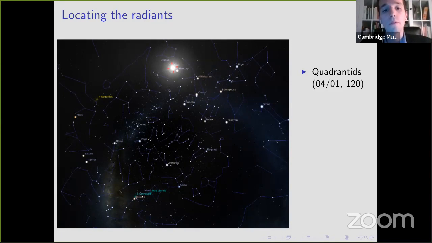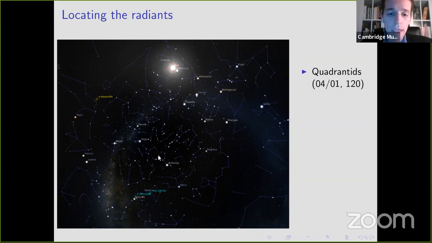Now, when looking for the meteor showers, or when looking at the sky, one need not look at the radiant itself, but can look elsewhere. The meteors may happen a distance away. In the case of the Quadrantids, happening on the 4th of January with a high rate of 120 meteors per hour, the Quadrantids refer to an old constellation name that is no longer in use today, but it is in the constellation Boötes.